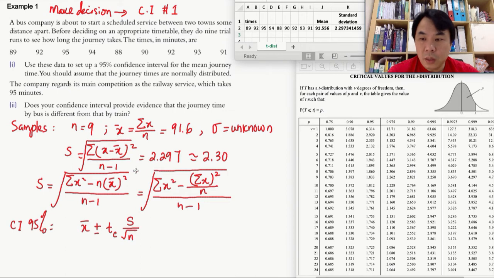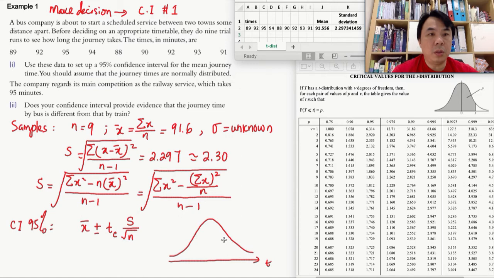Now what we are looking at here, I'm going to draw a visual representation of what we are expecting. This part will be the T value. The T distribution is also normally distributed. I'll draw a T distribution curve, and because we are dealing with the 95% confidence interval, we are looking at this region here.